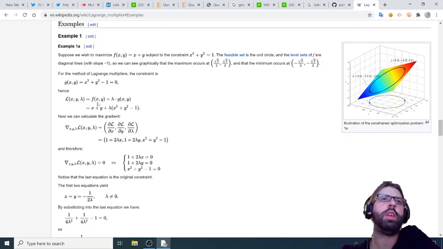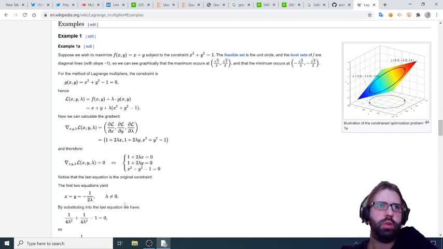What Lagrange is saying is that there is then this f(x,y) plus lambda times the g function. Now we can calculate the gradient. So you do the derivative of these, and then you end up with a system of equations.